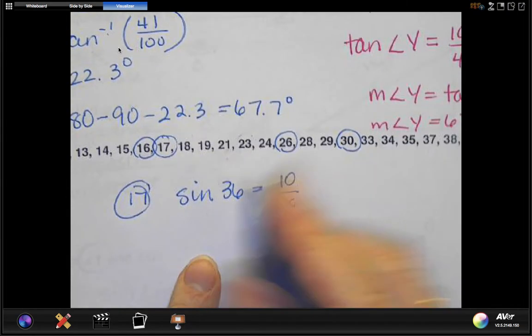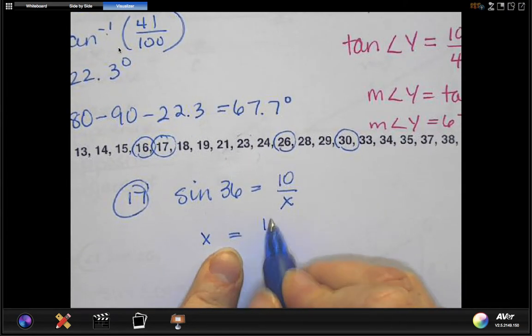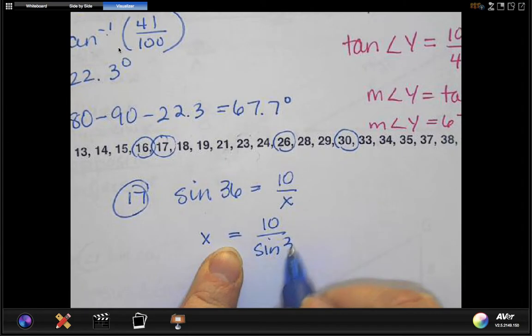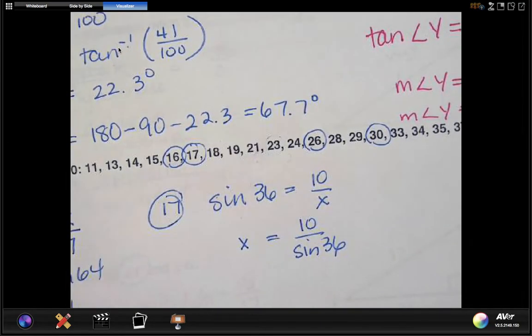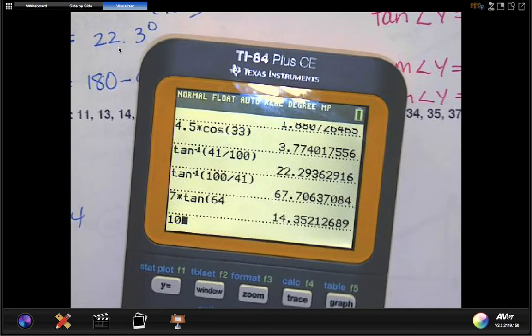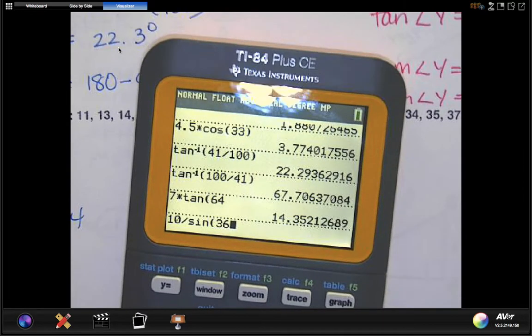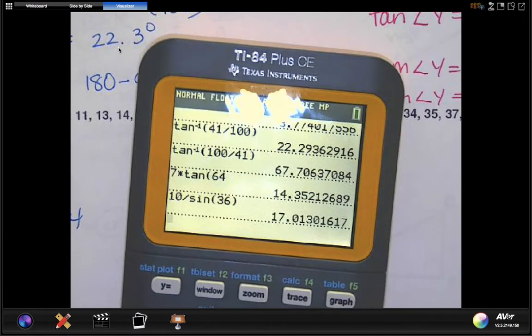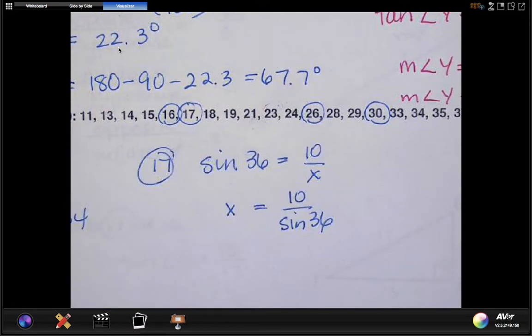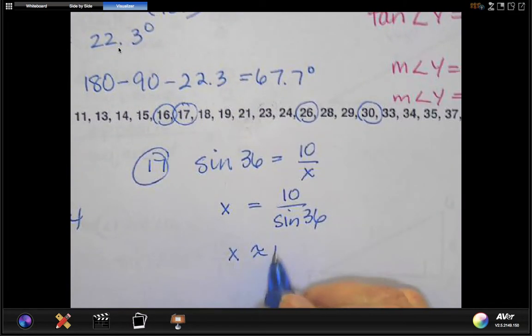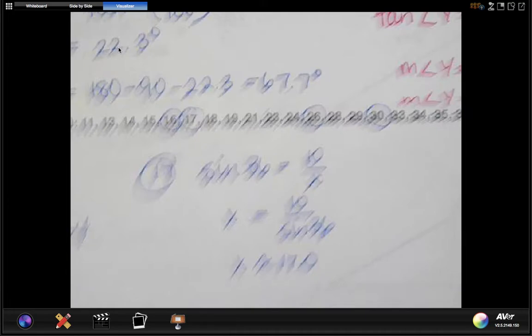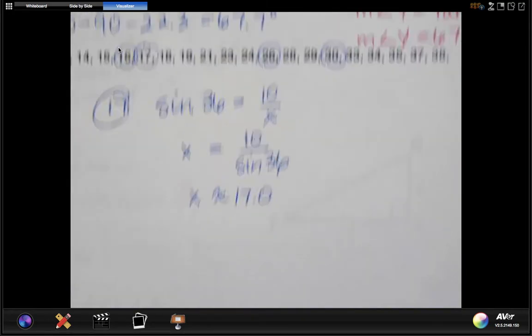This is in the denominator, so what ends up happening is I end up with 10 over the sine of 36. I plug that into my calculator, 10 divided by the sine of 36, and I get 17.0 approximately, when I round it to the tenth. Okay, so that's that one.